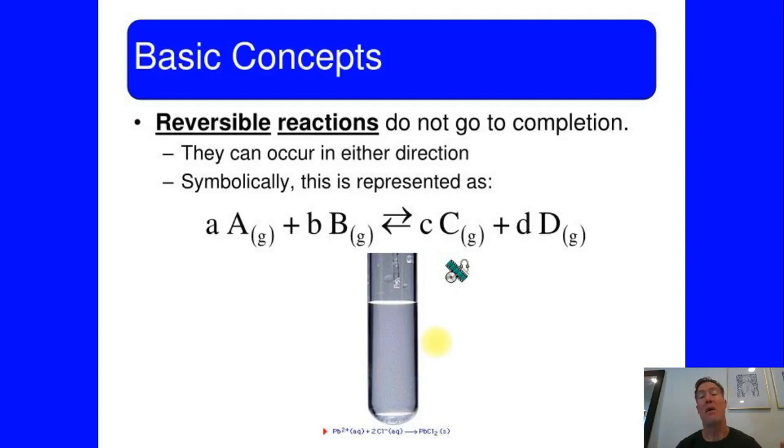They may proceed a long ways toward completion, but very often the reaction will reach a point of equilibrium where the rate of it going in the forward direction is balanced by it going in the reverse direction.